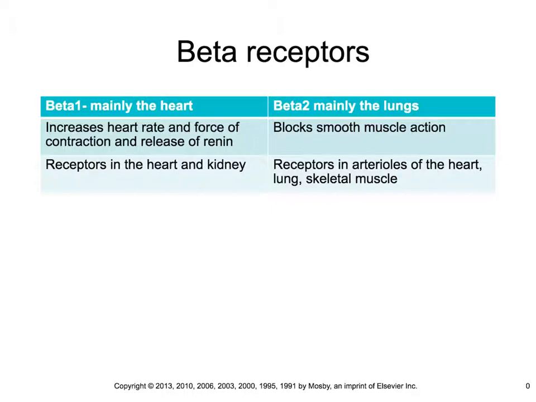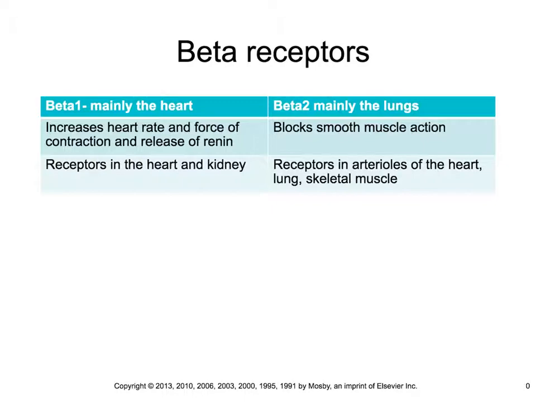So beta 2, the action is the receptor of vasodilation of the heart, lungs, skeletal muscle, relaxation of the uterine smooth muscle, promotes glycolysis, which increases the blood glucose.